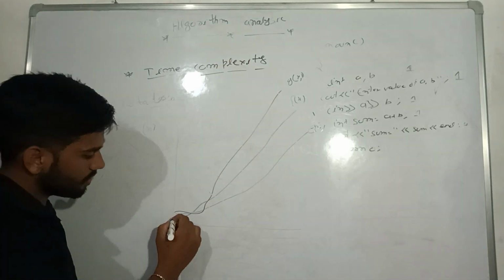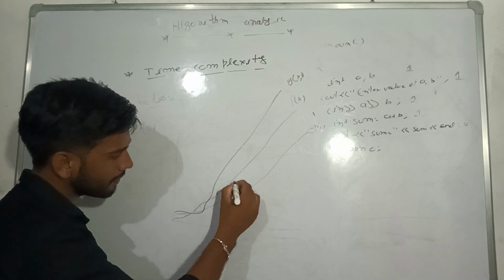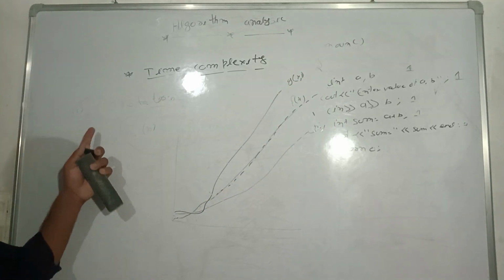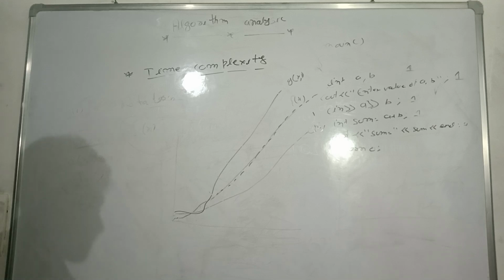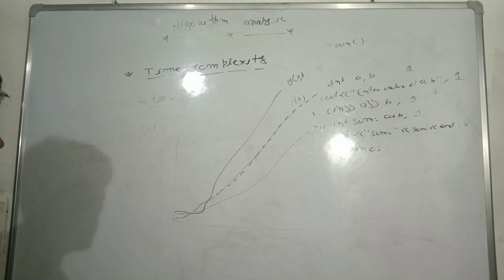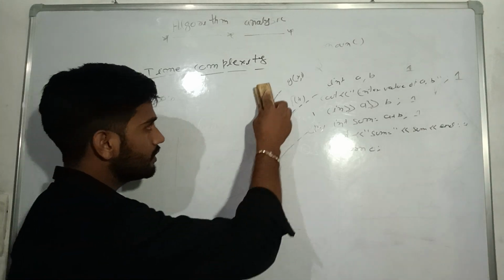It only shows that it will execute in the average. So theta notation is used to analyze the average bound.